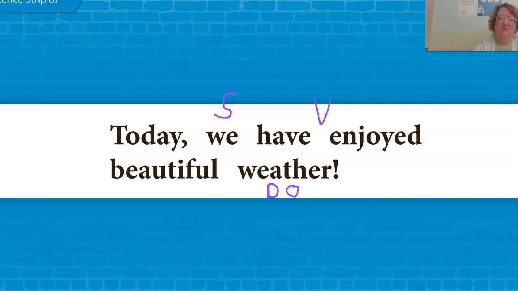What is beautiful? Beautiful is an adjective describing what kind of weather it is. And what part of speech is today? Today would be an adverb describing when. And what part of speech is this, class?